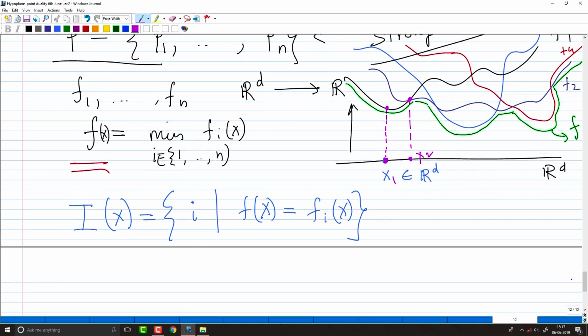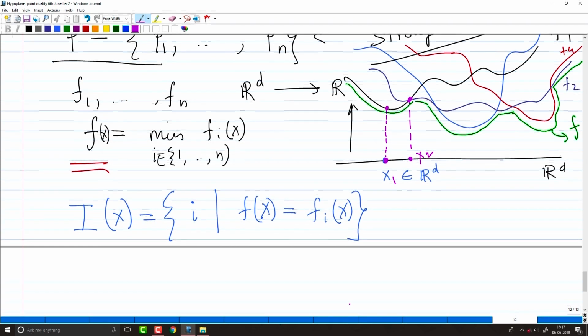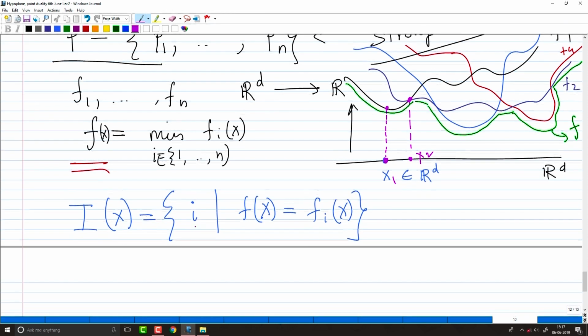Pardon? Can you come again? Yeah, so the index set is not a singleton thing. See, it is defined in the following way: all those i's such that f of x is equal to fi of x. Many functions can have the same value at this point.